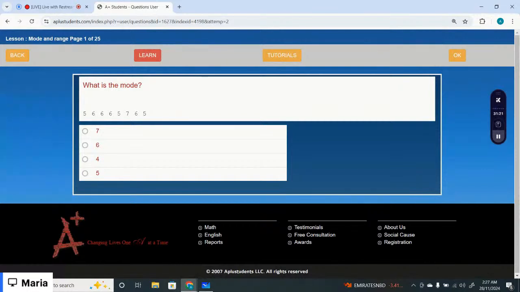What is the mode? So you have to see which number appears most of the time in the given data. So which is the correct option?